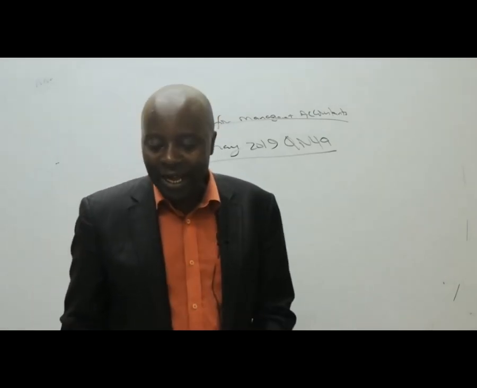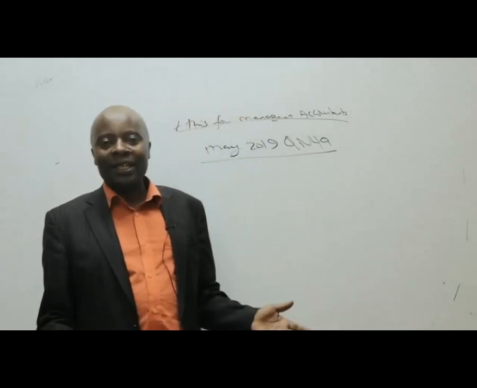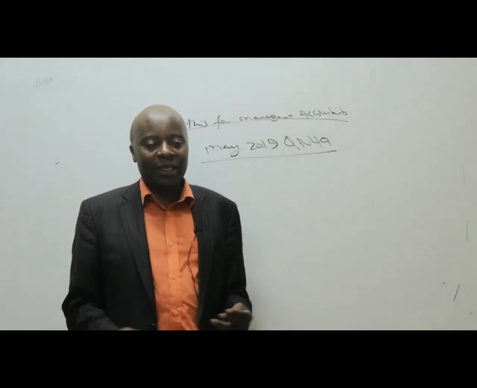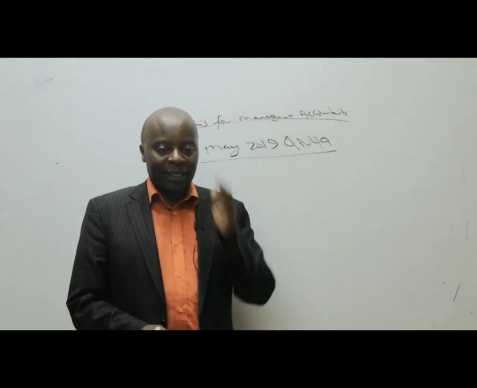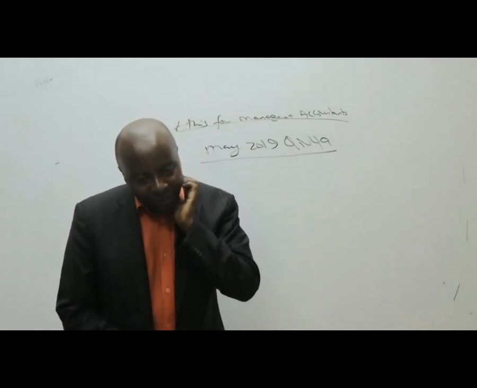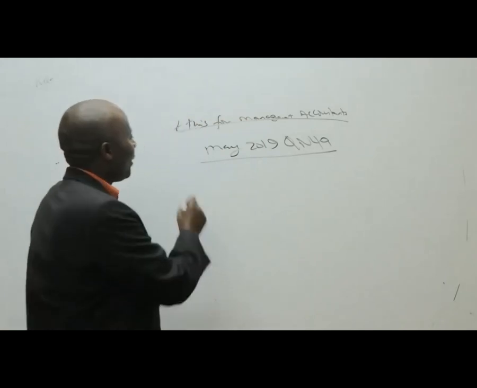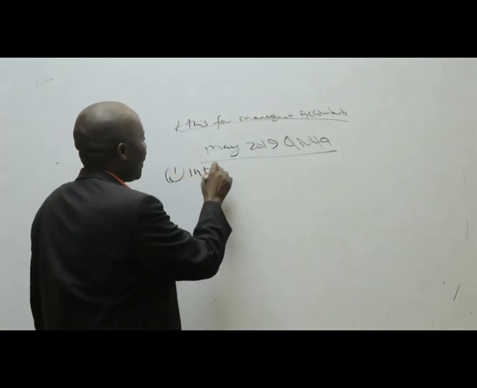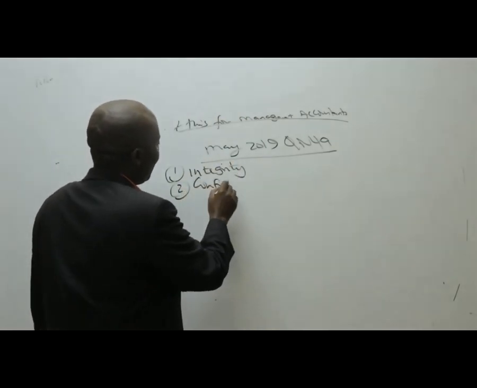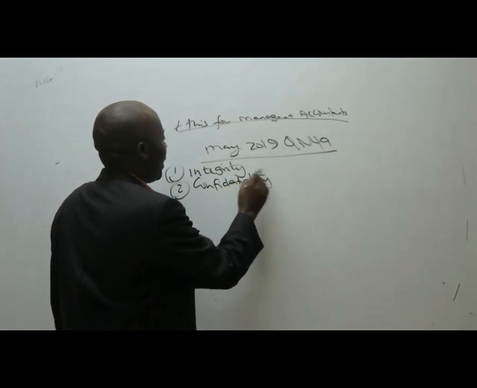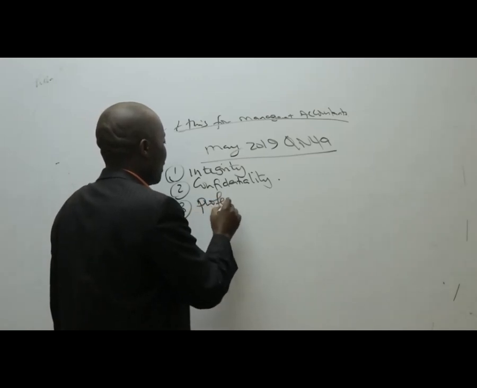When you hear ethical standards, they are those you studied in auditing. What are the ethical standards? Quickly, let's go through them. Number 1, we have integrity. Number 2, confidentiality. Number 3, professional behavior.